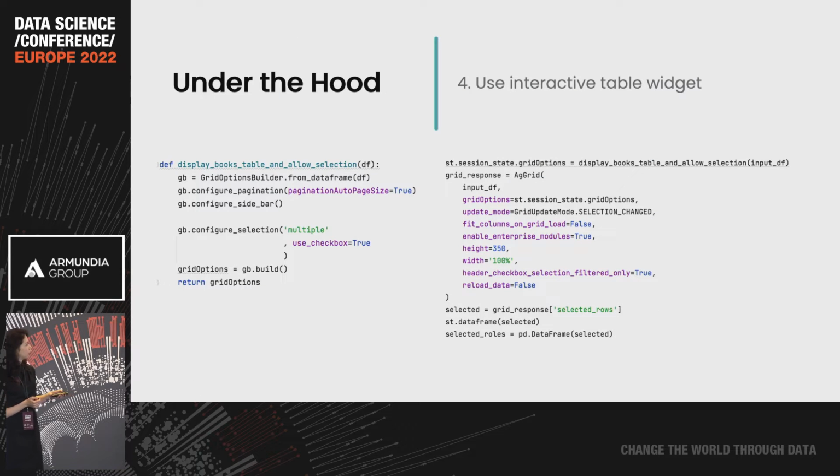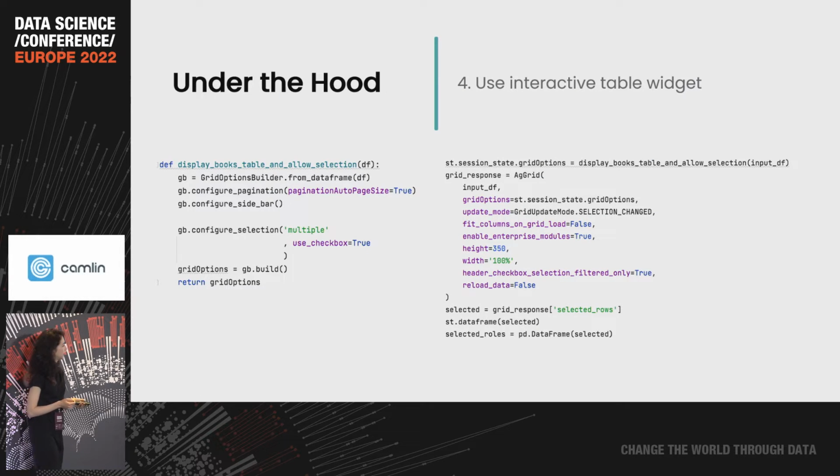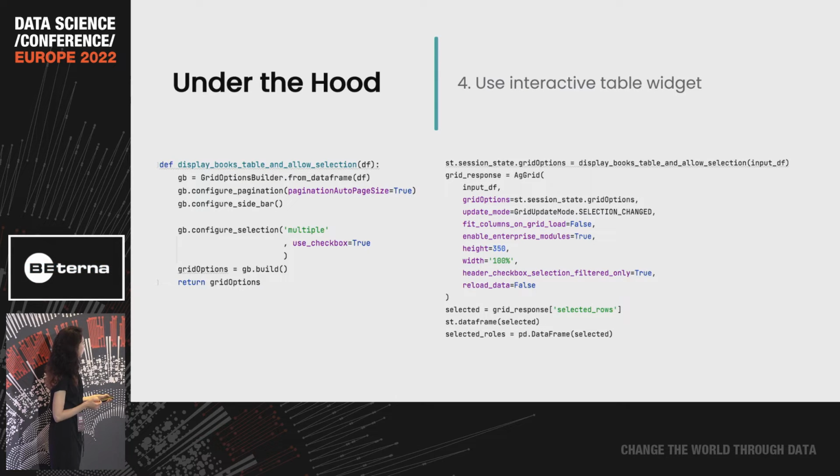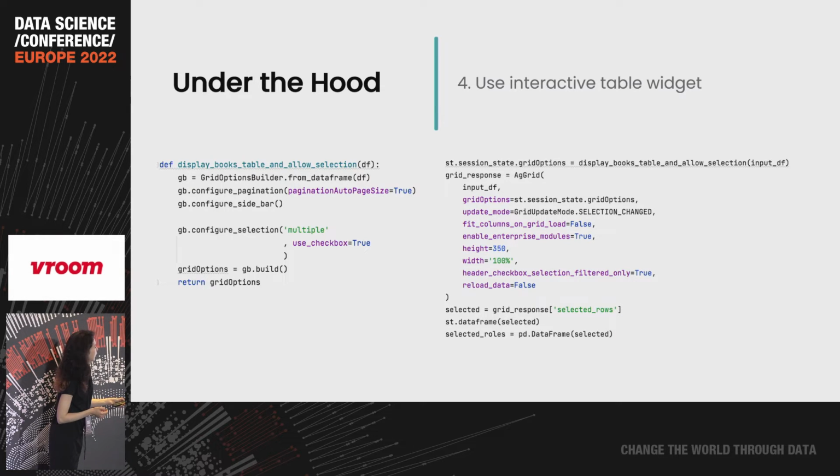And here, how to do it. So again, pretty simple. You need to import the grid options builder and put configuration as you want it. Configure selection. Multiple checkboxes are allowed. And here we define what our input is. It's our table, the input data frame.